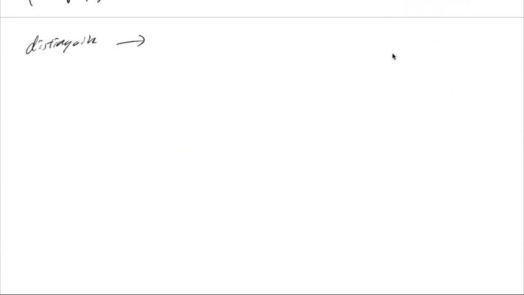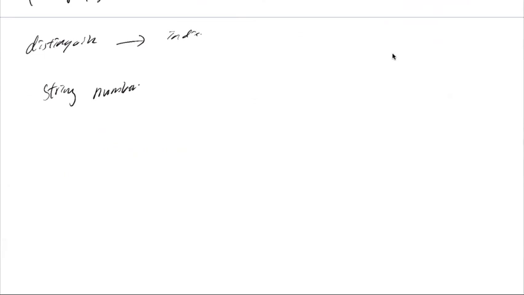All right, so the third topic is distinguishable to indistinguishable. So here is where the Stirling numbers come in. There's no easy way to do this problem, but we can use the Stirling formula.